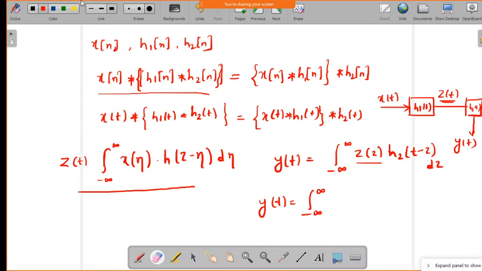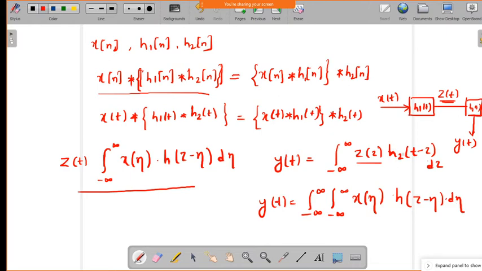So replace this input signal z of tau, that is, integral from minus infinity to plus infinity of x of eta into h1 of tau minus eta d eta.